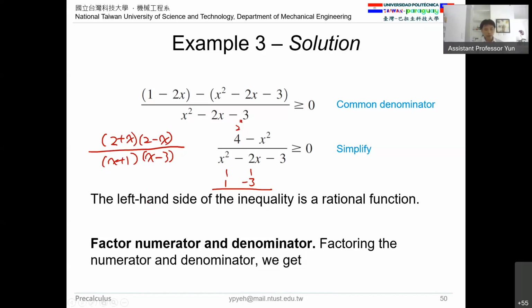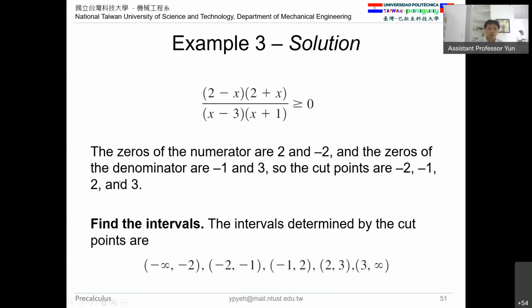Okay, so then we could find the cutting points here, which will be x equal to plus 2 and minus 2, and also plus 3 and minus 1. Okay, so these are the points of the intervals, the cutting points here. So the zeros of the numerators are positive or negative 2, and the zeros of the denominators are minus 1 and 3.